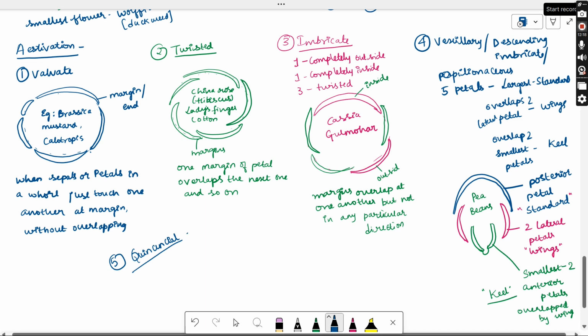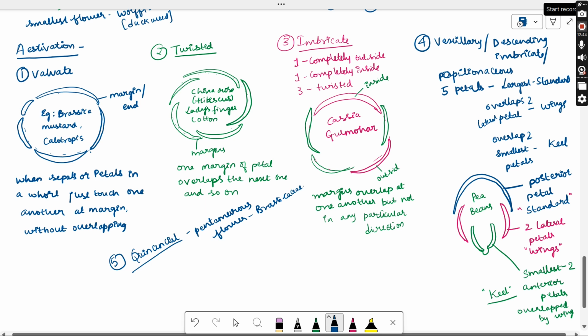We know what is meant by pentamerous, which contains five or multiples of five members of the whorl present, we call it pentamerous. In pentamerous flowers belonging to the Brassicaceae family, in their petals you can find this quincuncial type of aestivation.